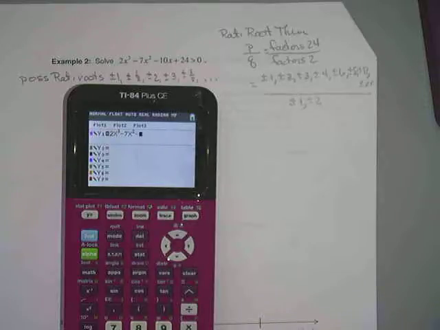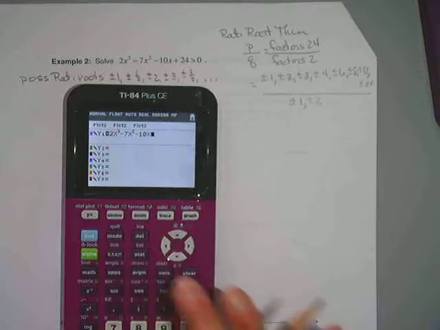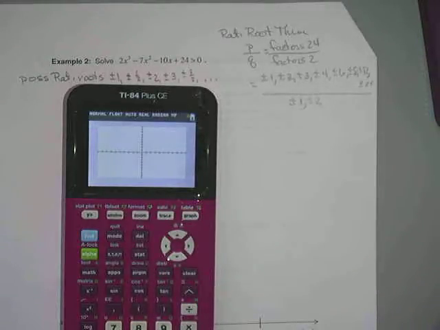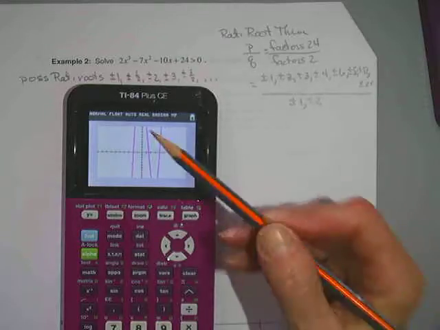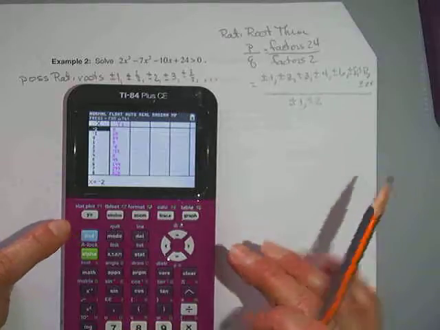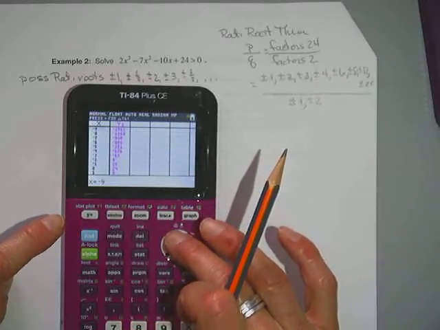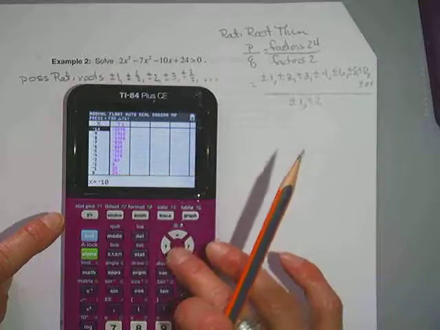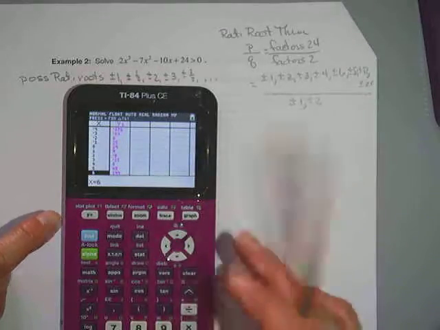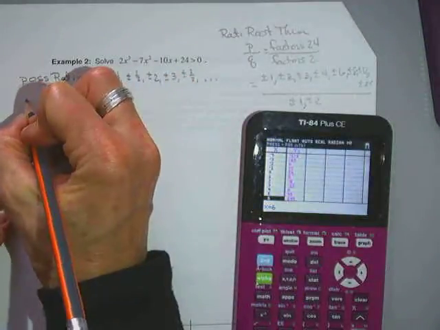What's the most number of times that this could cross? 3, because it's a cubic. And what's the least number of times it could cross? Once, because it is an odd-powered function. Okay, where does it look like it crosses on my graph?